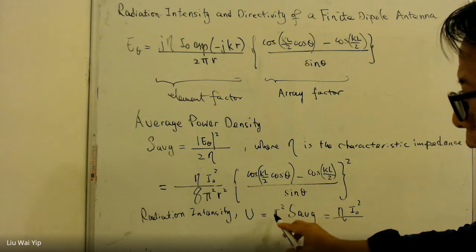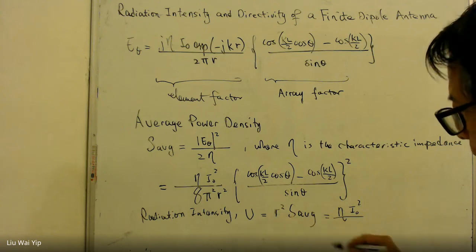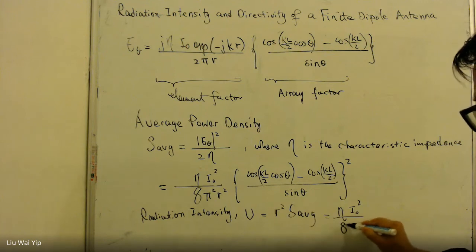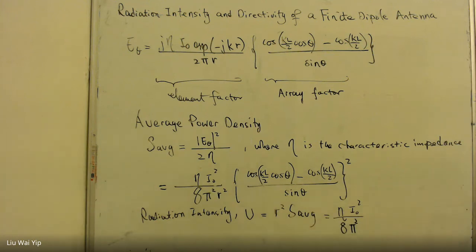We just do r squared times this one. So if we do that, then what we have left here is the denominator becomes 8 pi squared, and then we just copy the cos term.